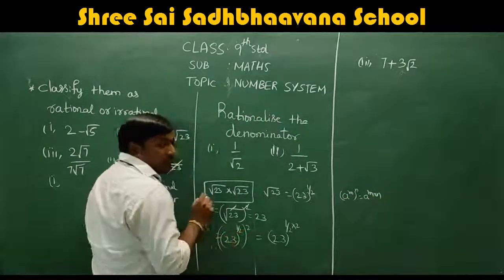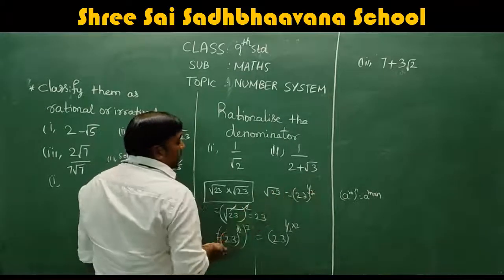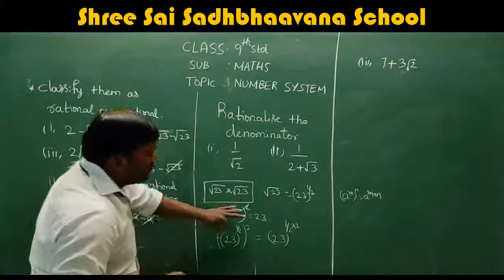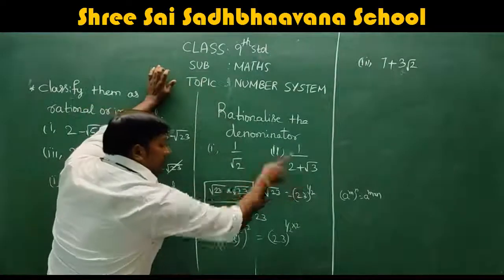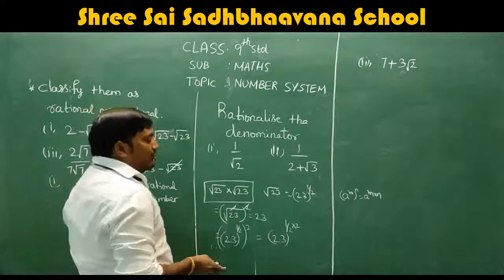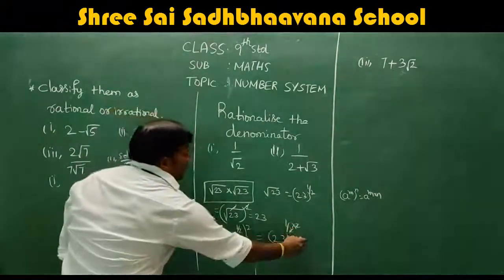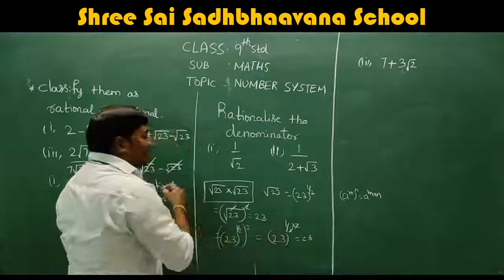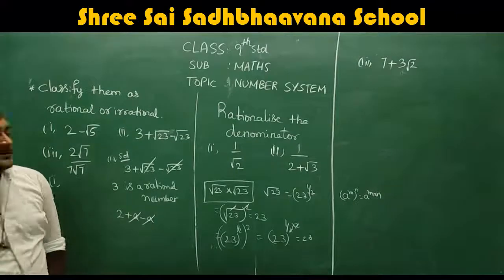We are just following that. Root 23 I wrote as 23 whole power 1 by 2, and the square we retain as it is. Here we followed that formula, a power m whole power n is a power m into n, which is 1 by 2 into 2. The 2s will get cancelled. You will be left with 23. That is why root and square will get cancelled.